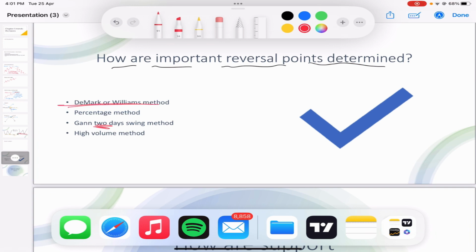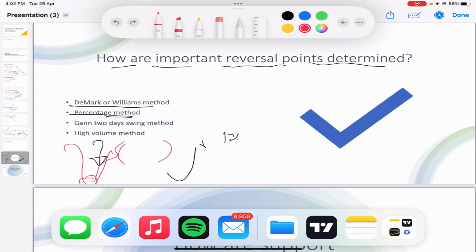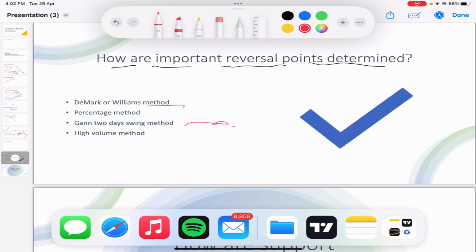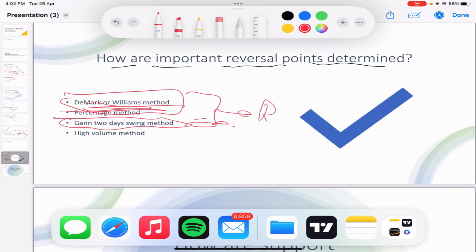In Demark-Williams, we were using 2 or more bars, but in the Gann 2-day swing method, we will be using only 2 bars. So using that, we can analyze my reversal. Both the Demark-Williams method and the Gann 2-day swing are done on a bar chart. So keep that in mind.